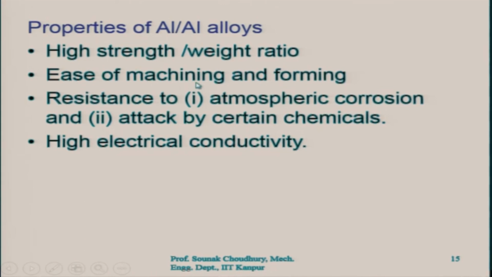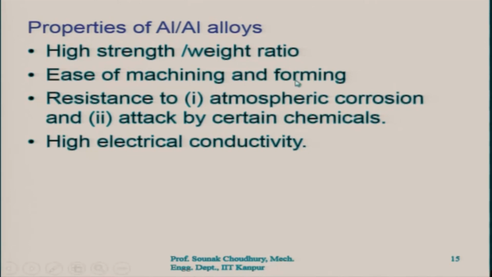Ease of machining and forming, because it is a relatively softer material. Therefore, the machinability is good, and formability is better. Using metal forming, you can have different kinds of parts. Using casting of aluminum, you can also have different kinds of parts.